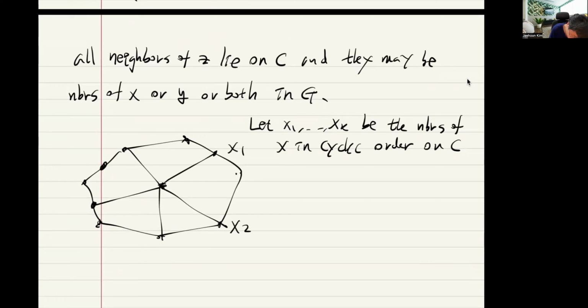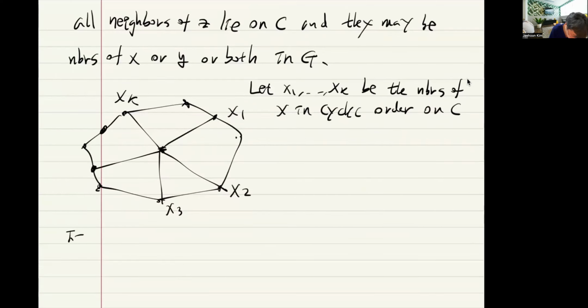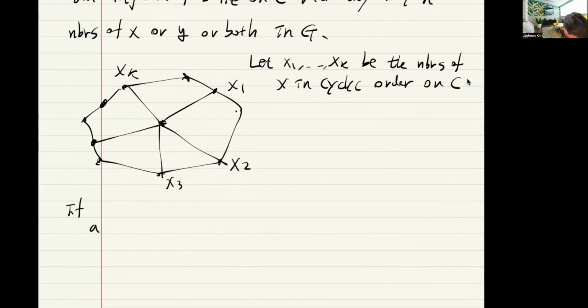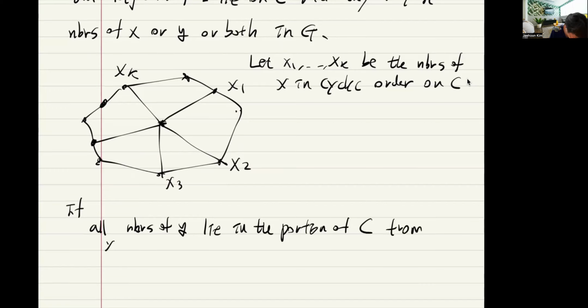So this is x1, x2, x3, xk. If all neighbors of y lie in the portion of C from xi to xi plus 1, including xi and xi plus 1, then what we can do is we draw y here, and then we draw straight line segments.